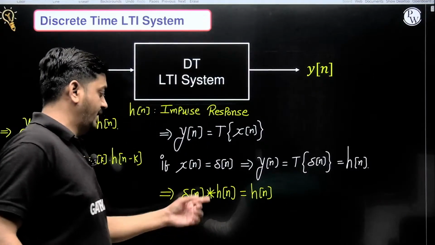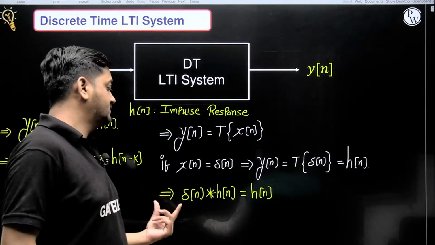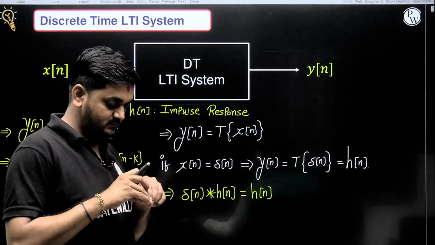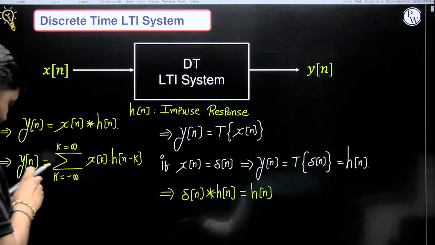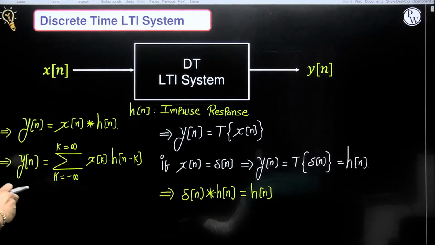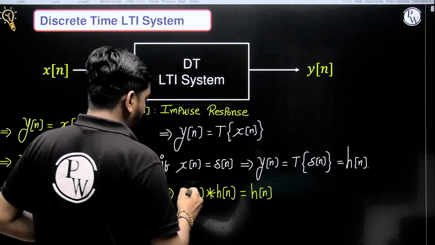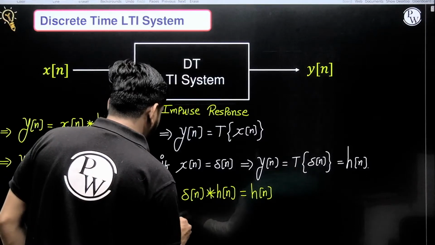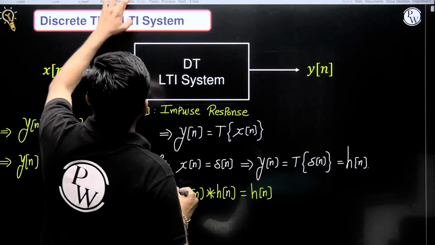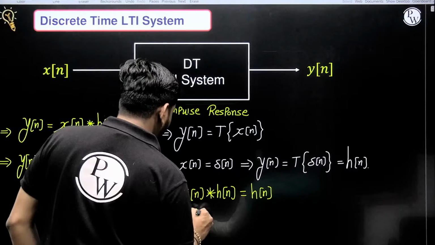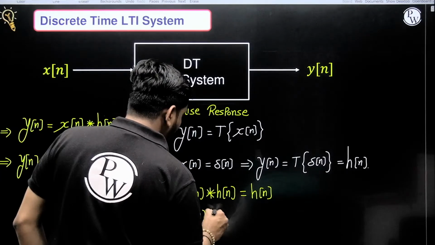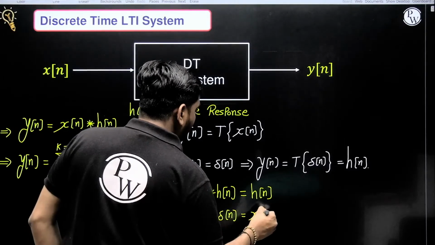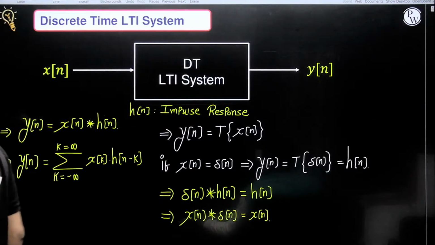So the convolution of any discrete time signal with the discrete impulse is nothing but that discrete function only, correct? So delta n convolution h of n is equal to h of n. By the commutative property, you can interchange x of n and delta n.